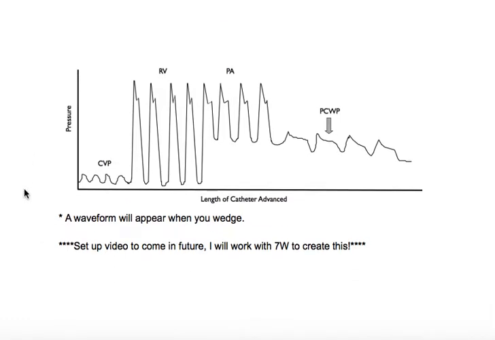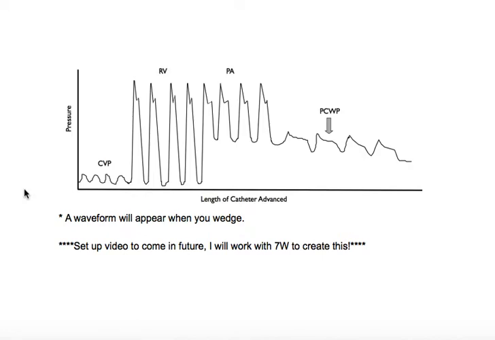Lastly, here are your waveforms. This is kind of interesting because, if you've ever helped a physician float a swan, you can see what portion of the heart it's in based on your waveform on the monitor. It's kind of scary because a lot of times when they are feeding through the right ventricle, you will see the patient go into what looks like VTAC.